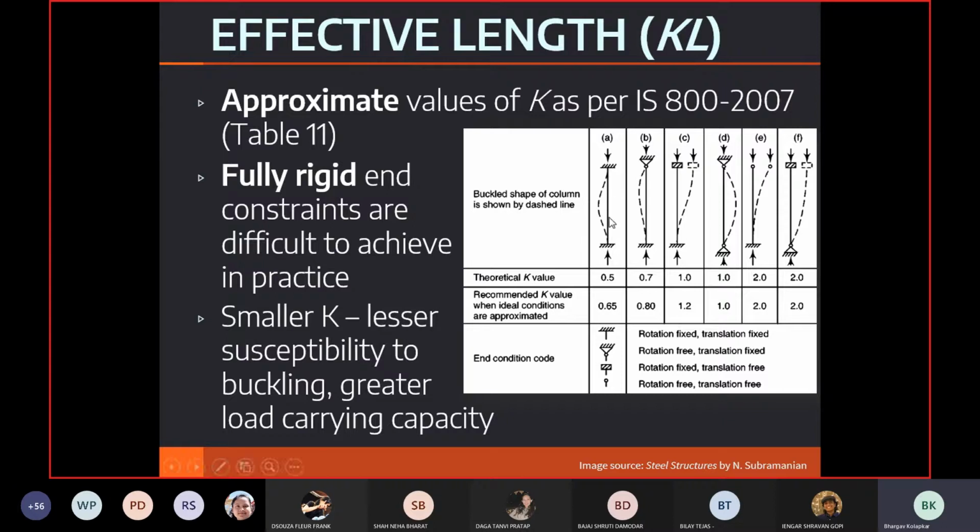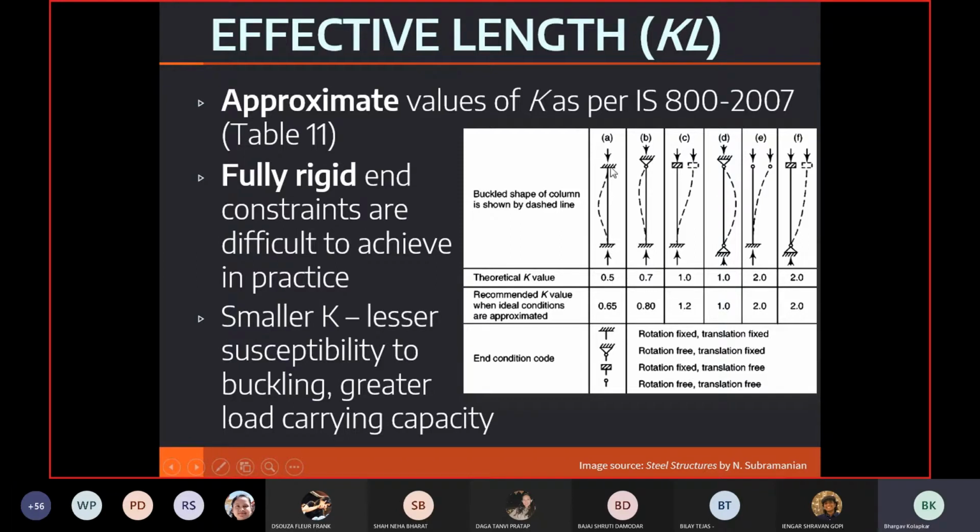And therefore, the code takes a judgment, considering that we cannot achieve a perfectly fixed support or a perfectly pinned support in practice. Therefore, based on the theoretical values that we get from this concept, the code gives its own set of values.